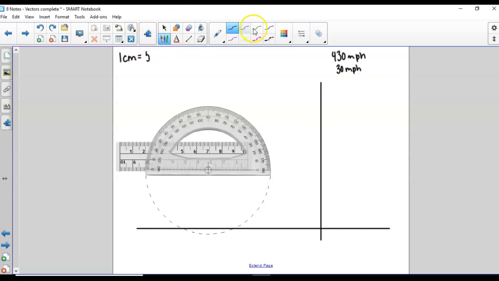So let's do 30. The reason I decided to pick 30 is because, why do you think I decided to pick 30? That way when I divide 30 miles per hour, I'm just going to get 1, right? So this is going to equal 1 centimeter. And if we do 430 divided by 30, we get 14.3 repeating centimeters.